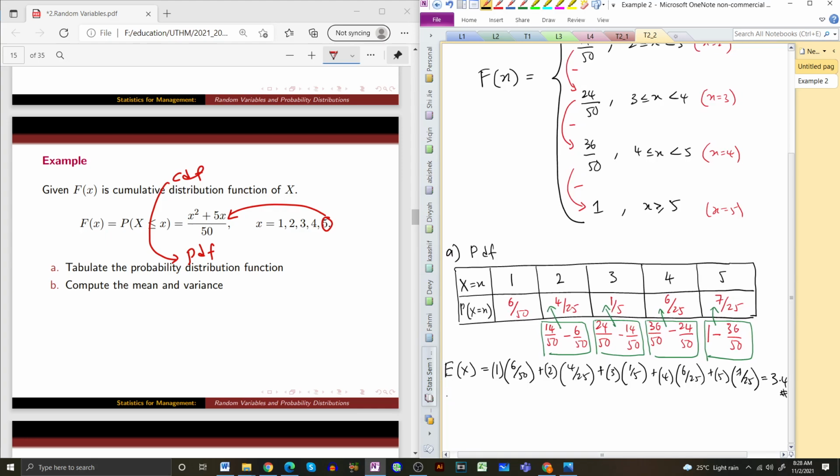For you to find variance, you need to find the expected value of x square.